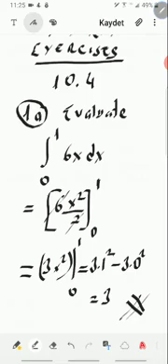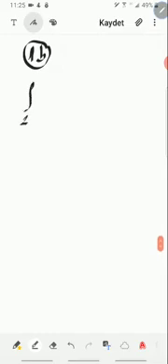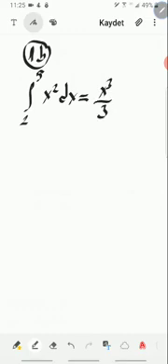Let's go on with the next sample, 1b. Similarly, we have the integral from 2 to 5 of x to the power 2 dx. As we said in the first, we integrate x to the power 2, which is x cubed over 3.